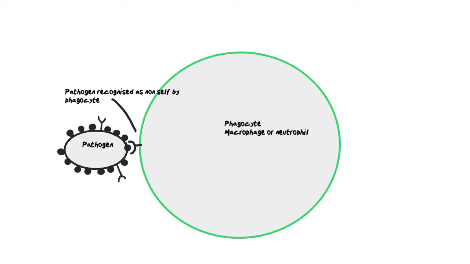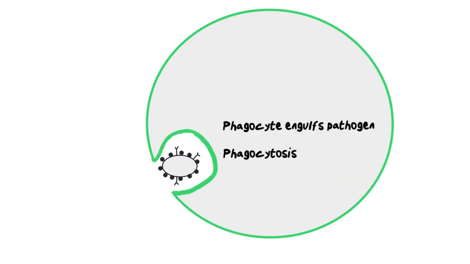The pathogen is recognised as non-self by the phagocyte, and it will bind to the phagocyte receptor sites here. The binding of the pathogen to the receptor sites initiates phagocytosis, which is the endocytosis of the pathogen within the plasma membrane, and this will then envelop the pathogen.